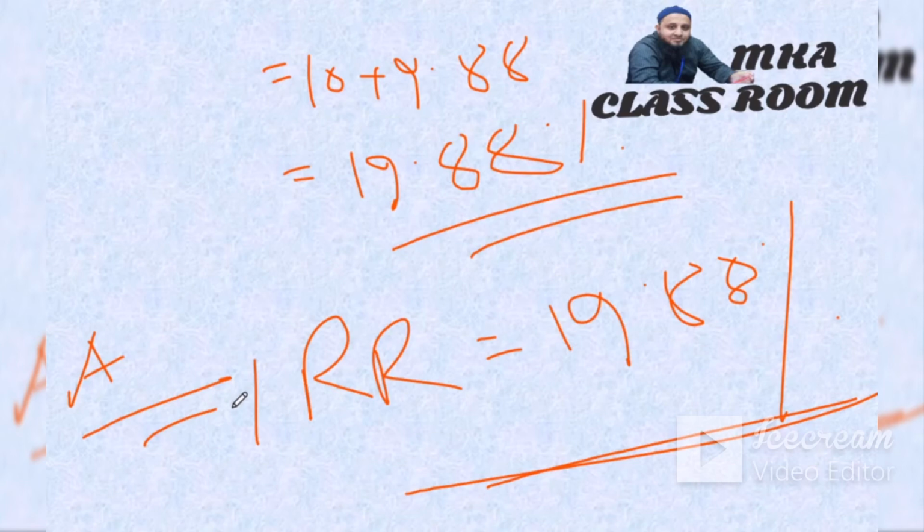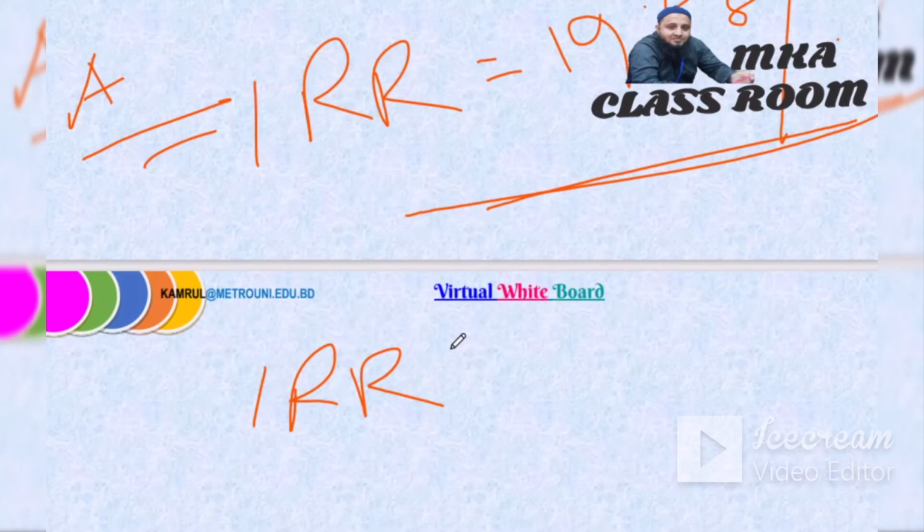We have the cost of capital 10%. So obviously the IRR is greater than the cost of capital. 19.88% is greater than 10%. So we will accept the project. Project A is accepted.